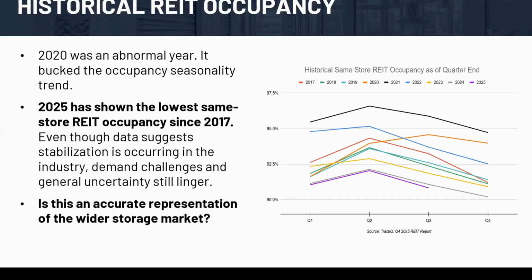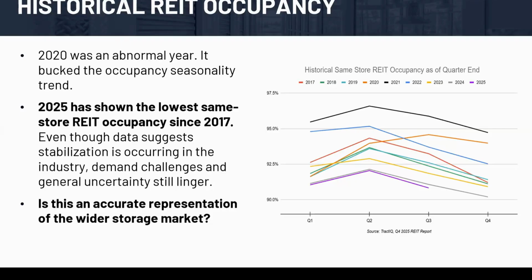Each line is a time series. For example, the black line at the top is the REITs' average occupancy in 2021. You can see it was basically above 95% every quarter except for Q4. And then the purple line is 2025's occupancy. You can see how big of a gap there was.